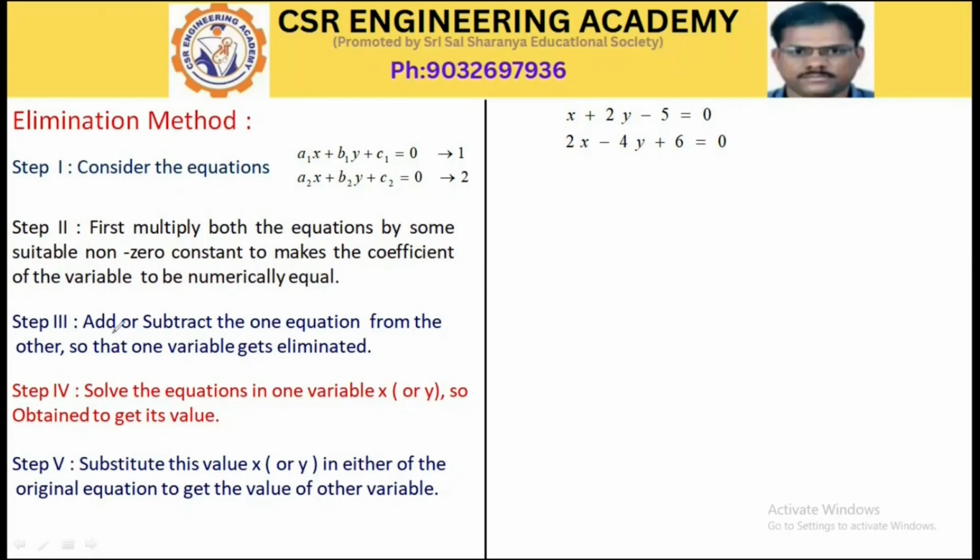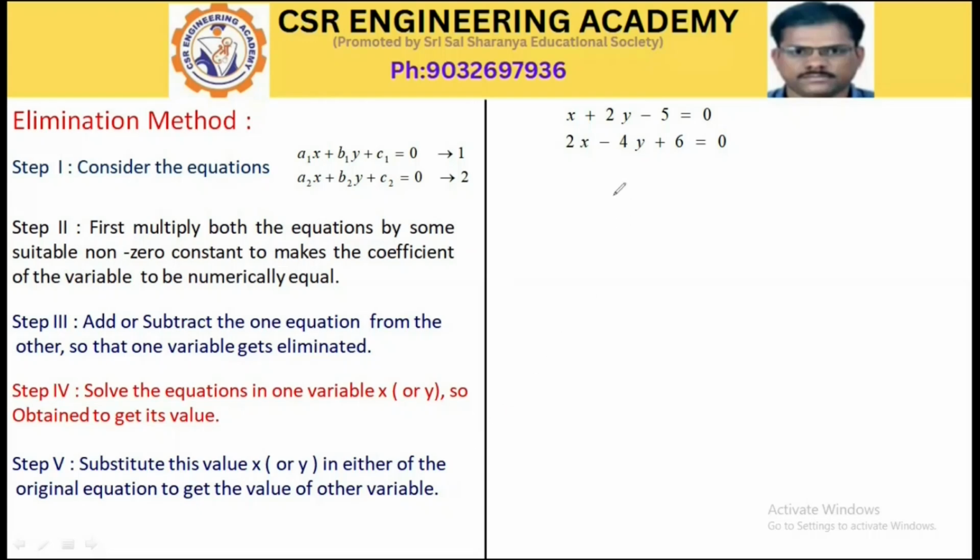Step 3. Add or subtract one equation from the other so that one variable gets eliminated. Step 4. Solve the equation in one variable, x or y, so obtained to get its value. Step 5. Substitute this value of x or y in either of the original equations to get the value of the other variable.